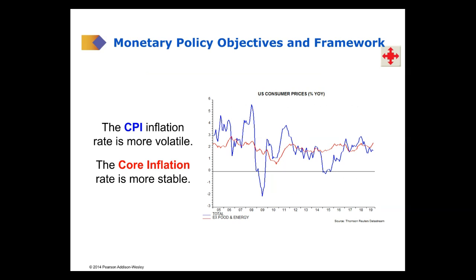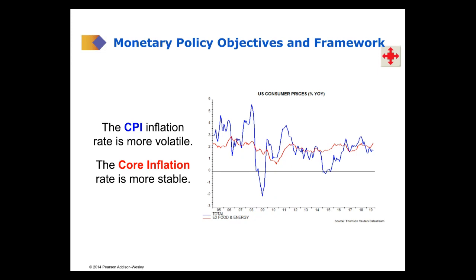So the Fed focuses on core inflation, which is the red line on the chart you see here, and not on the CPI. Now, on the one hand, this is maybe understandable. They're trying to remove things they think might overstate inflation. But on the other hand, food and energy are products that everyone uses. Their lives are impacted by food and energy. By removing them, you're taking away some of the relevance of the price index.